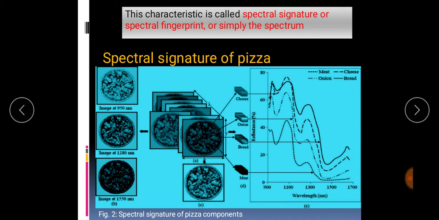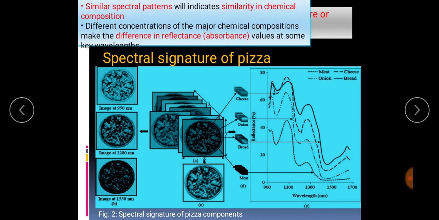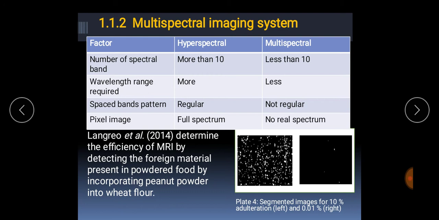By that, what happens? The consumers who get that pizza will be satisfied with the service. That is the main purpose, and the business will be improved. Then you have understood this; the same things he has told. Then multispectral imaging systems.